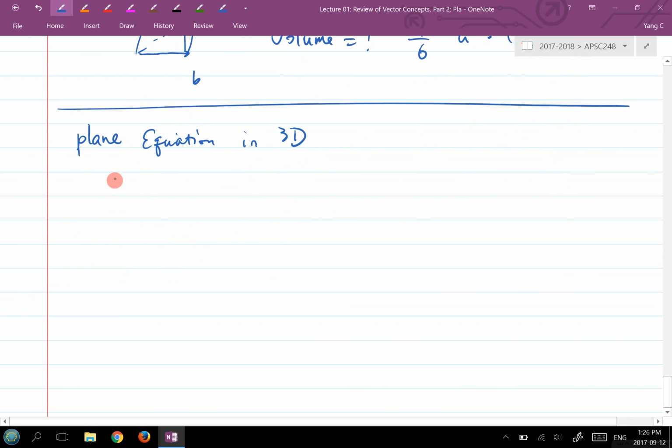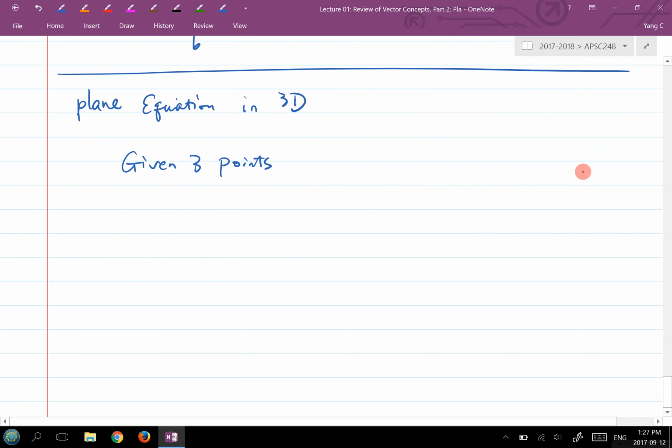So let's lay down the problem here, and then we'll try to find the solution. Let's say I have 3 points. As you learned in high school, when you have 3 points, it will uniquely determine a plane, right? So I'll just write down the 3 points here.